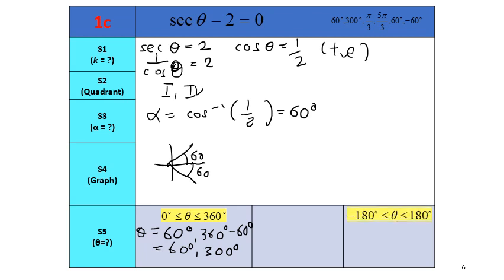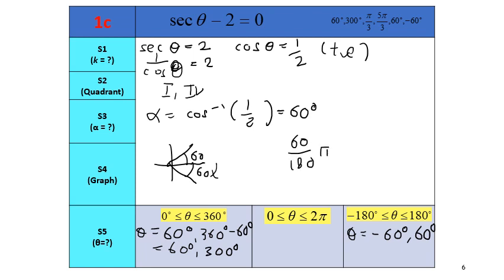And then between negative and positive, as I said before, the fourth quadrant will be negative angle. So the theta would be negative 60 and also positive 60. And then lastly, between 0 and 2 pi, remember to change into pi.